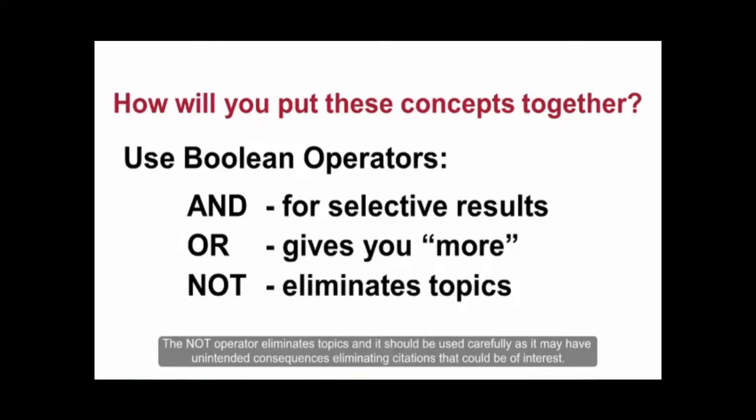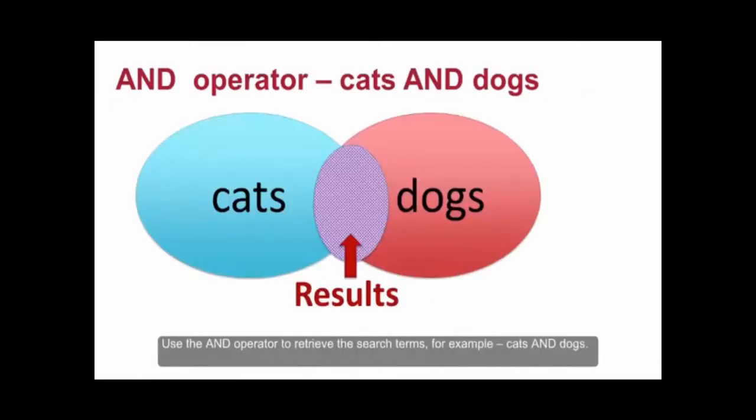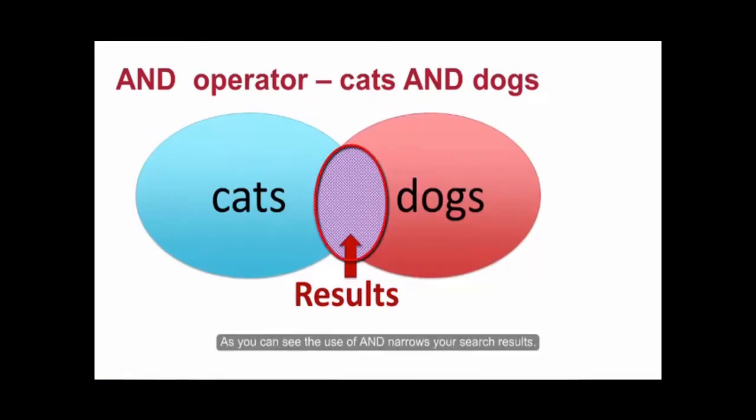Let's continue. Use the AND operator to retrieve the search terms, for example, cats and dogs. The intersection between the two, the purple polka dot area, retrieves the citations pertaining to both cats and dogs. As you can see, the use of AND narrows the search results. Okay, that's plain and clear.